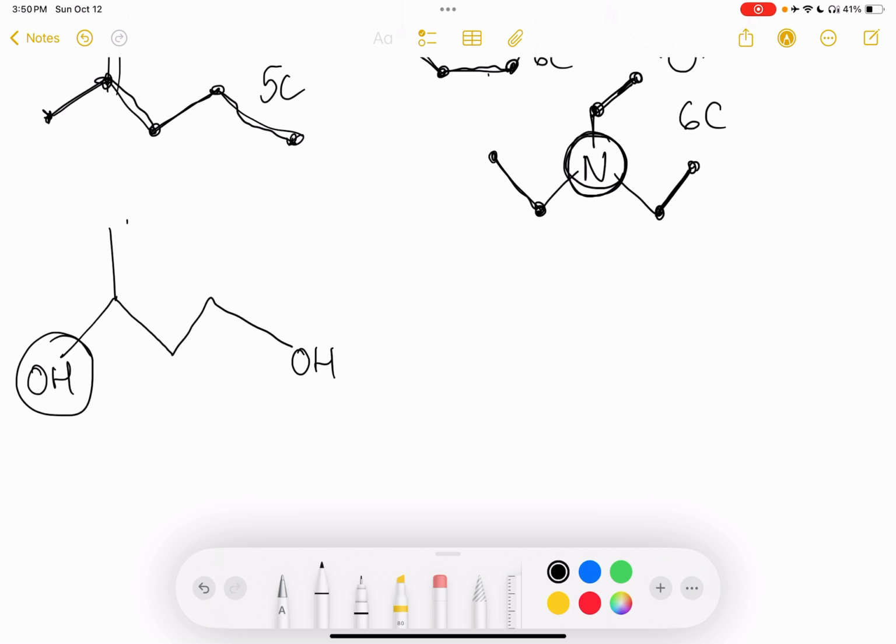Sometimes I'll even draw a little circle around the heteroatoms to remind me that the end of the line is like the no carbon zone, and I shouldn't go into it and count it. So in this case, I start up here 1, 2, 3, 4, and I end right here at this 4th carbon because even though it's the end of the line, it's attached to a heteroatom, and thus I don't want to include it in my count of carbons.